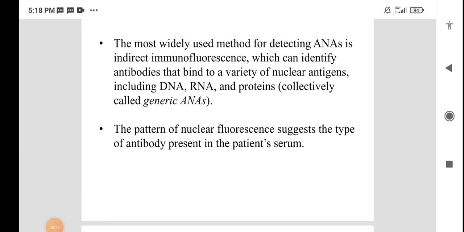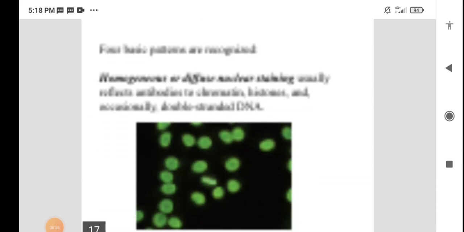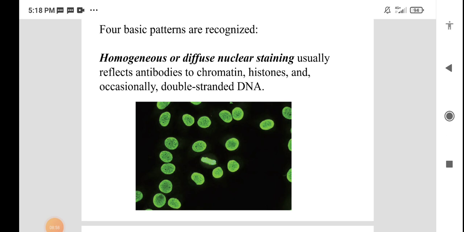The most widely used method for detecting ANAs is indirect immunofluorescence, which can identify antibodies that bind to a variety of nuclear antigens including DNA, RNA, and proteins, collectively called generic ANAs. The pattern of nuclear fluorescence suggests the type of antibody present in the patient's serum. 4 basic patterns are recognized. Homogeneous or diffuse nuclear staining usually reflects antibodies to chromatin, histones, and occasionally double-stranded DNA.